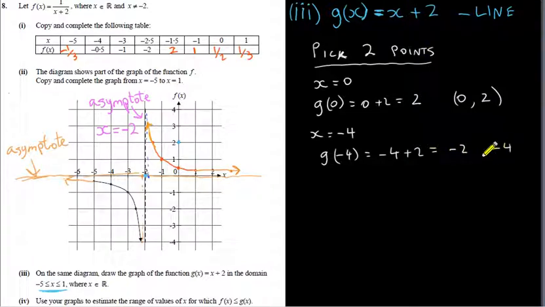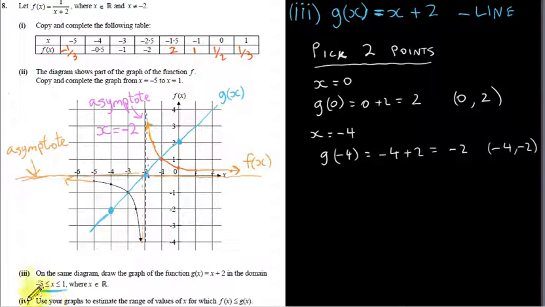So when x is -4, y is -2. So we have the point (-4, -2), which is here. So here's g of x, and f of x is our rational function. So 2 points is all that's needed. You could work out more, but there's no need to, since it's a line. All those points will lie on this line.